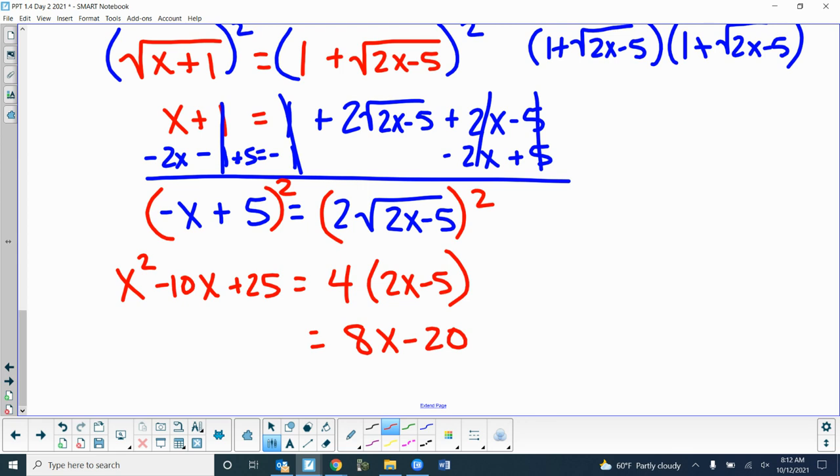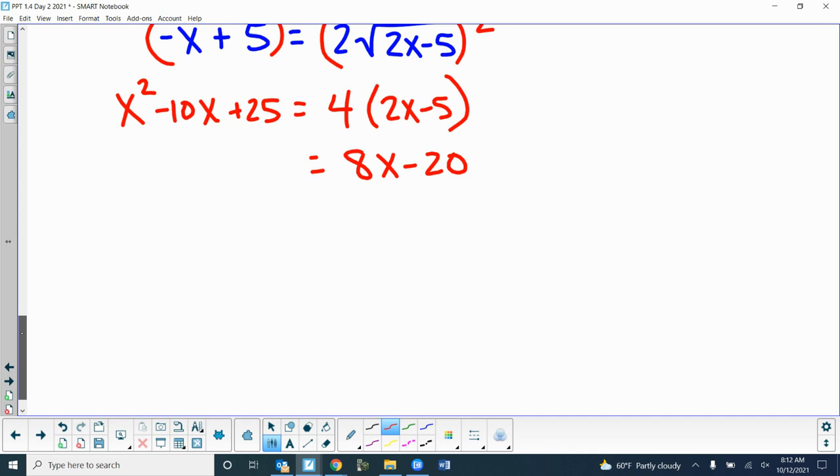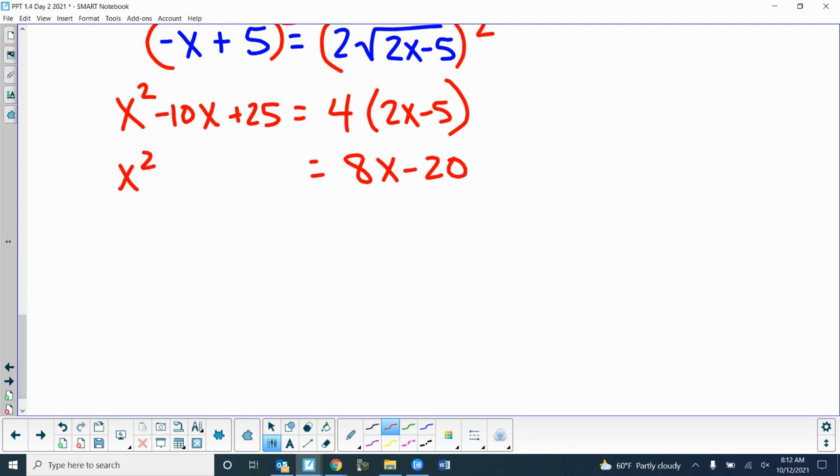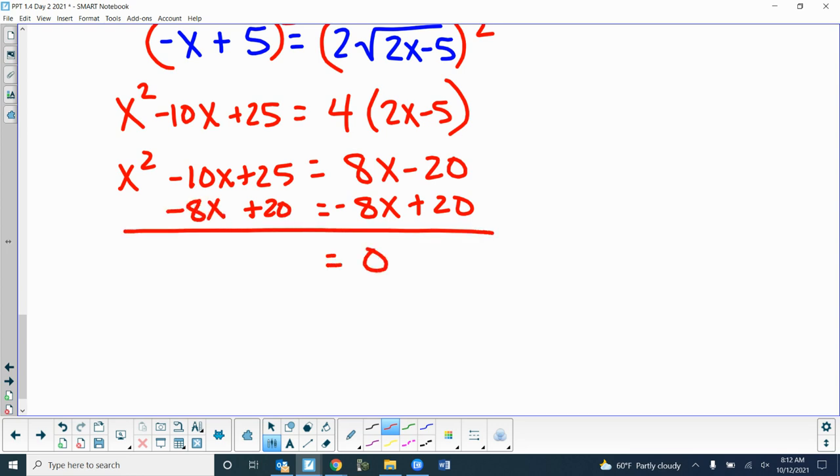All right, so I got this. Now, I got this x squared, so it's a quadratic again. So I got to set it equal to what? 0. So I got to bring the 8x and the 20 over, so I have 0 on the right. And that's what, a 45 and a negative 18.